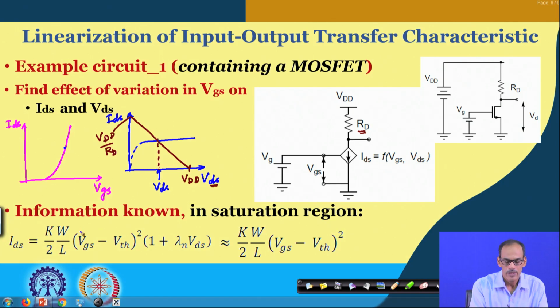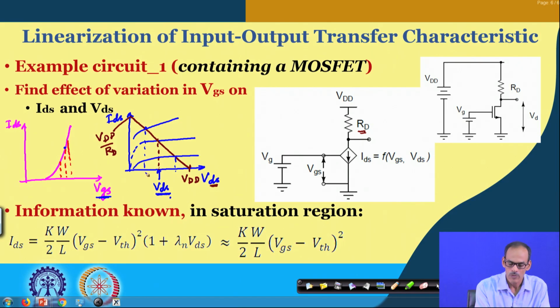So, the Vds here is given here. Now, as we have discussed before, if we vary the Vgs with respect to some point, then what we are expecting is that the device characteristic goes up or it may come down, and as a result the intersection point is changing, and that gives us the variation in Vds with respect to variation in Vgs.